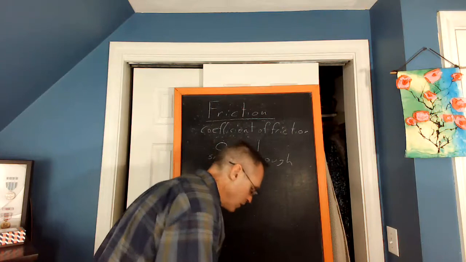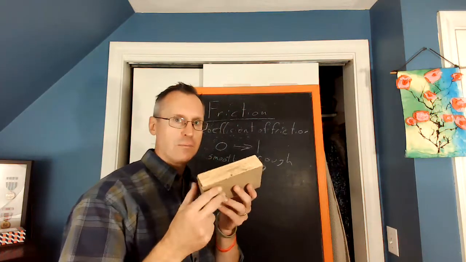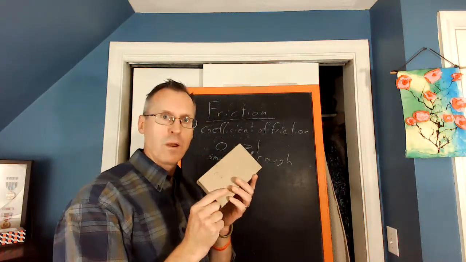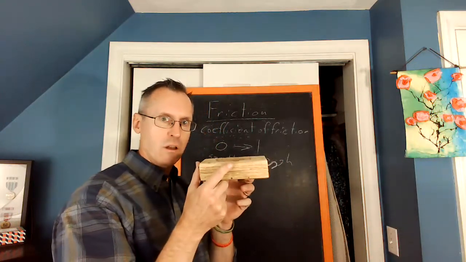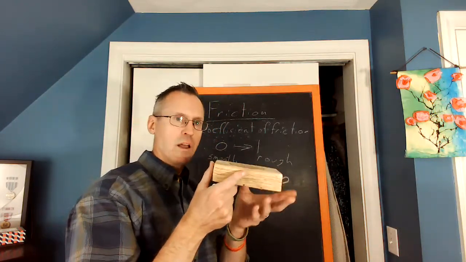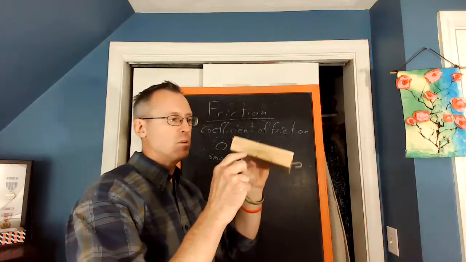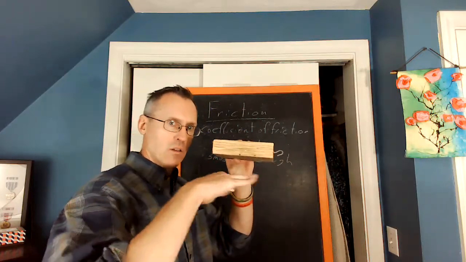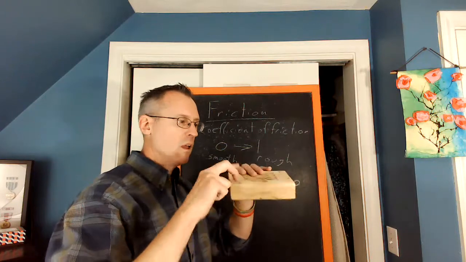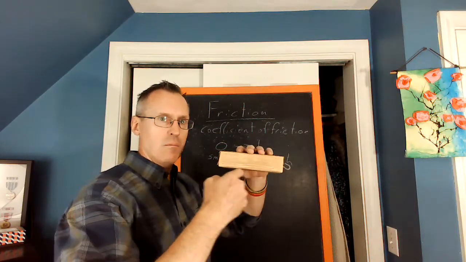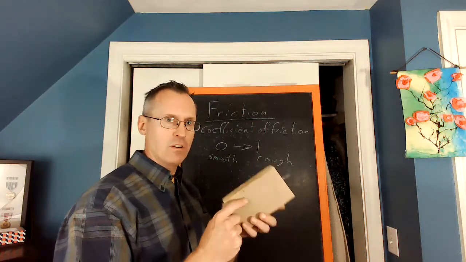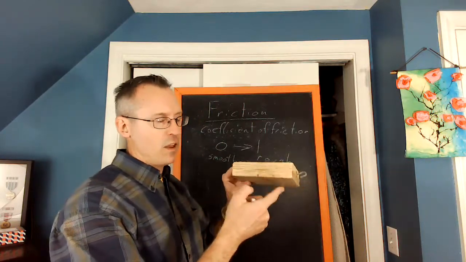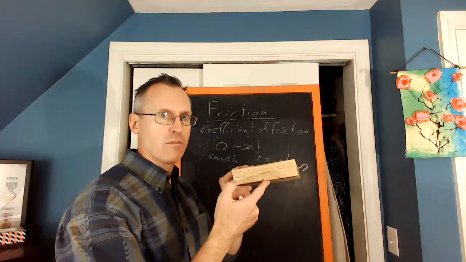So for example, if we were in class, we would do this experiment where we take the friction blocks and put them on the planks, and we measure the coefficient of friction between sandpaper and the wooden plank, and then the smooth pine side and the wooden plank. Every time we do it, we see that the sandpaper has a higher coefficient of friction.